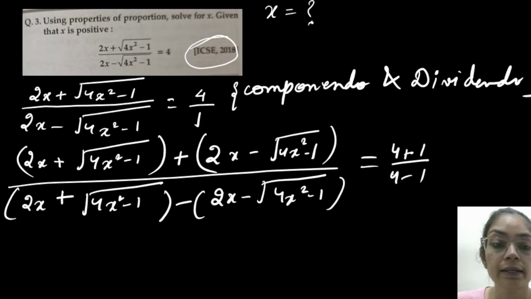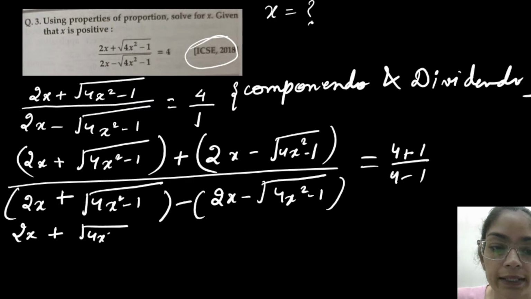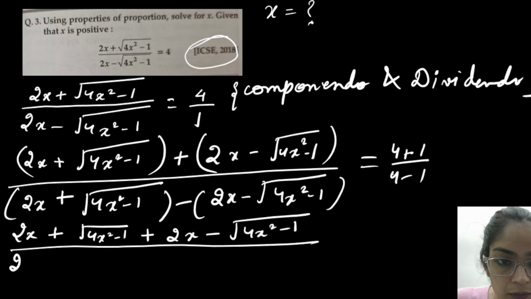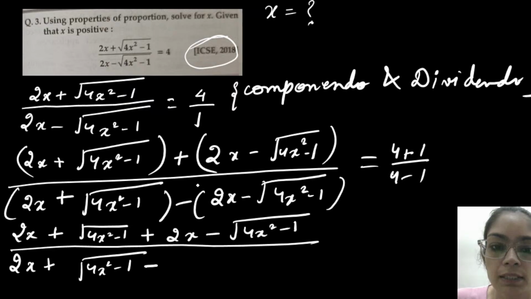Yes, I corrected it. Then let's open the bracket. So this is 2x plus root 4x square minus 1 plus 2x minus root 4x square minus 1, by 2x plus root 4x square minus 1, minus, let's open the bracket, minus 2x.